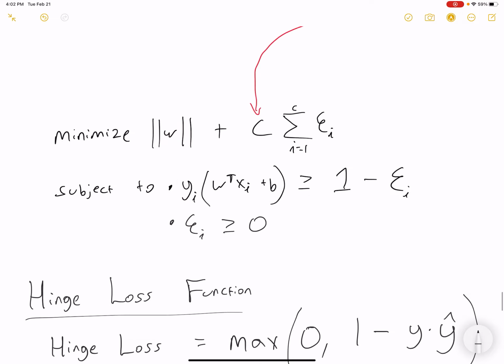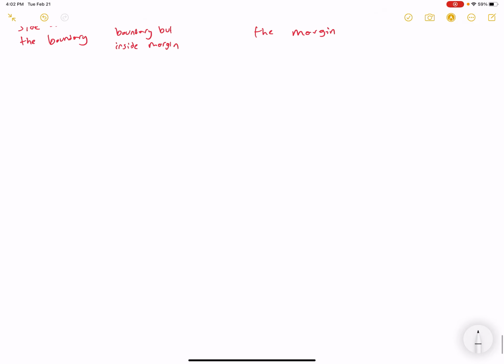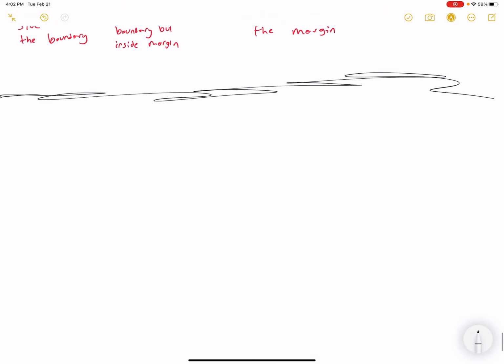So soft margin is good in that scenario, but let's make this a new category. What if the data are not even close to being separable?